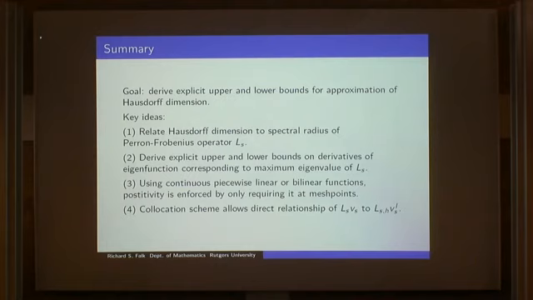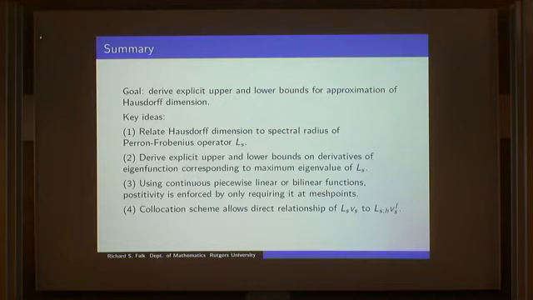If you use linear or bilinear functions, this positivity constraint is enforced only by requiring it at mesh points. So that's in some sense what makes this a compatible discretization. You have a positive operator and you get these positive matrices. And then the scheme I'm picking, how do I get my approximate eigenvalue and eigenfunction?